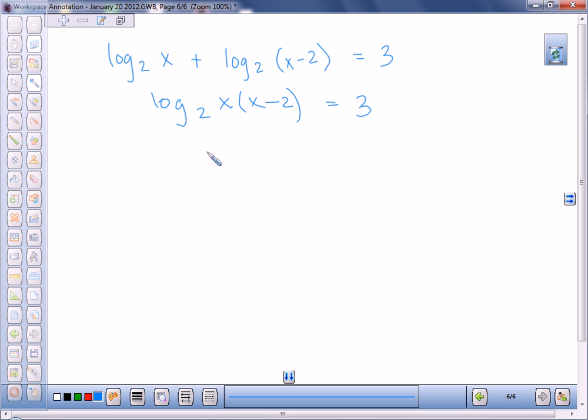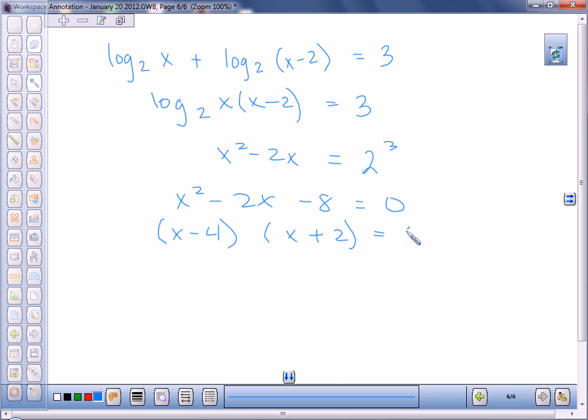All right, so now we can switch forms. It becomes x squared minus 2x is equal to 2 to the third, so x squared minus 2x minus 8 equals 0. So x minus 4 times x plus 2 equals 0.